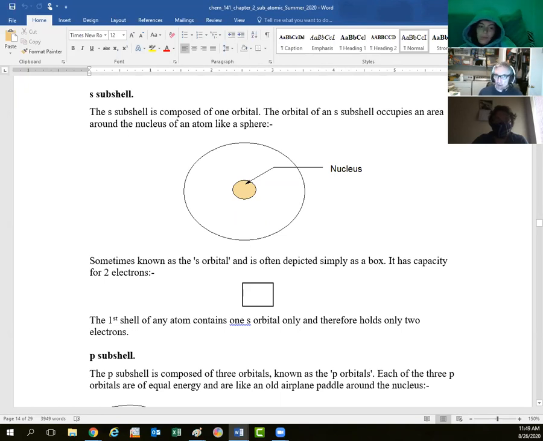And just like a studio apartment, it's the entire apartment, but it's also just one single room. And this is what we have with an s subshell. Just a single orbital making up that subshell. And it's got room for up to 2 electrons while staying away from the nucleus.